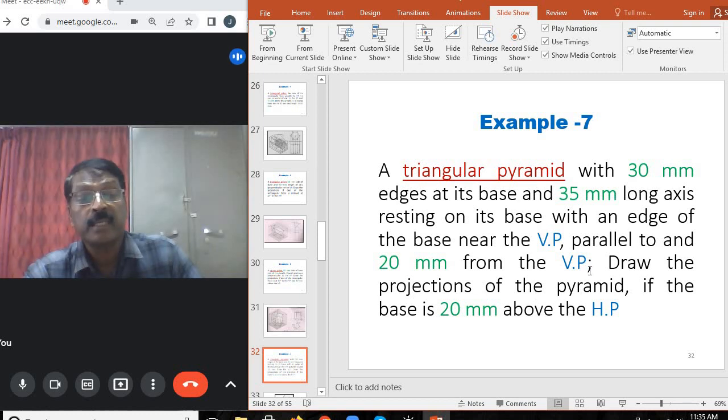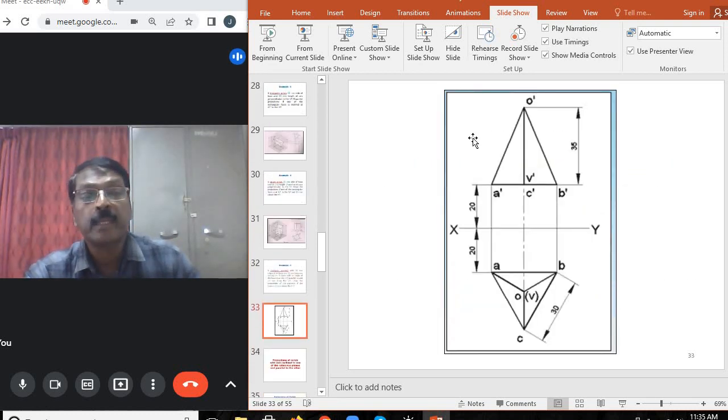What is the condition given? Draw the projections of the pyramid if the base is 20 mm above the HB. The base is 20 mm above the HB. The axis is not given, so let us understand that the axis is perpendicular to HB and the base is parallel to HB.